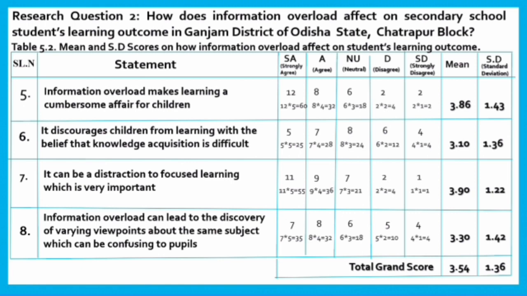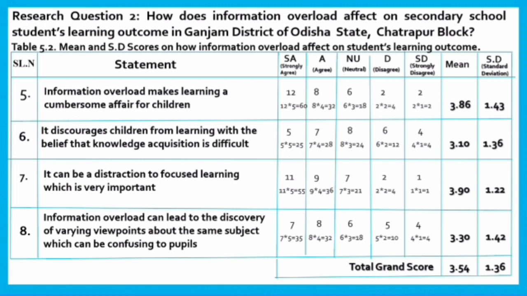Statement 5 is: information overload makes learning a cumbersome or difficult affair for children. The next statement is: it discourages children from learning with the belief that knowledge acquisition is difficult.